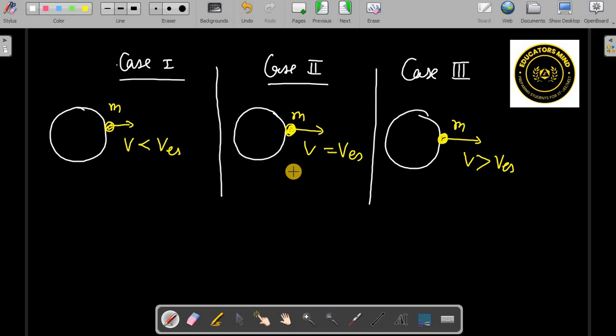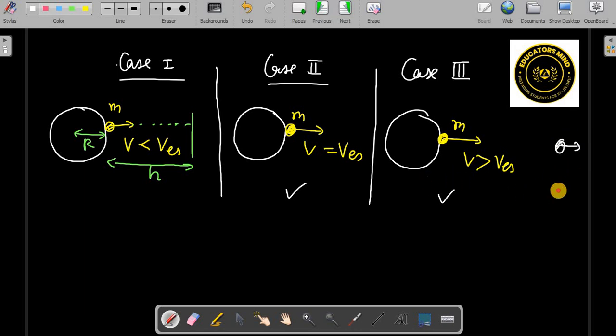Definitely in the first case it will not escape. It will go to some maximum height from the surface of Earth, and we can calculate that height. In the second case, it will go to infinity and stop there, which we already know. In the third case, it will go to infinity and not stop at infinity.